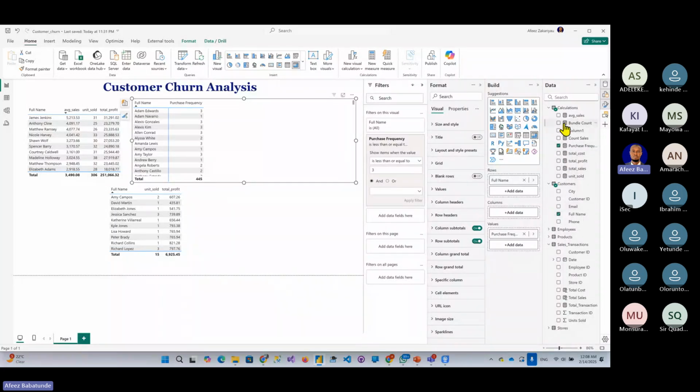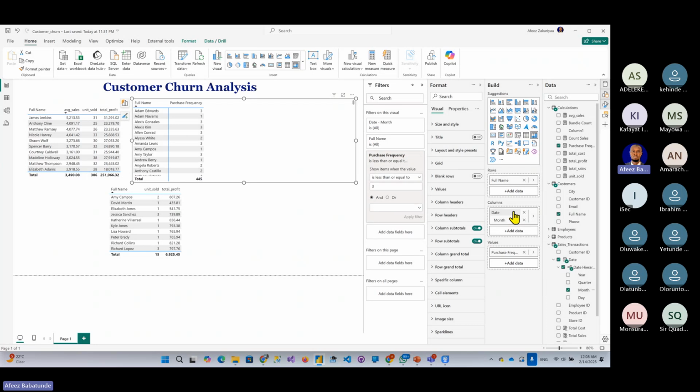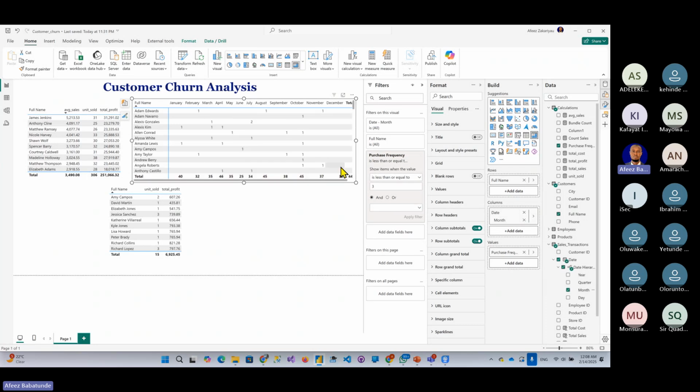And then on your column, do we have dates? Yeah, we have date here. Under this date hierarchy, you can have your month and drag this month to column. Can you see? It's telling me how these customers visited my store.